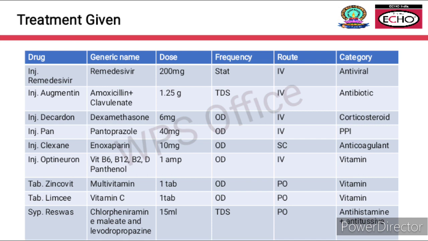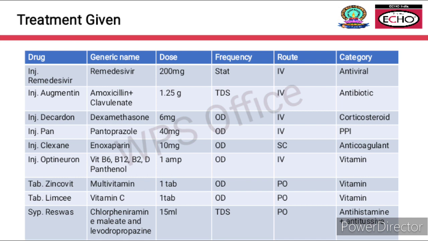Then injection Decadron is given, that is dexamethasone, 6 mg once daily in the IV route, and it is a corticosteroid. Then injection pantoprazole 40 mg once daily in the IV route is also given. This is a proton pump inhibitor.